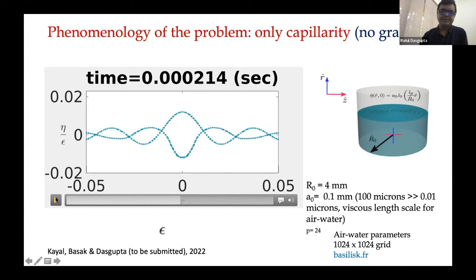So you can see that there is a flat region, and once again there is a dimple-like structure which is formed. And so we would like to understand, in the confinement of a pure capillary calculation, can we understand the formation of this dimple? Because this is what is going to give birth to the jet as we keep increasing epsilon further and further.